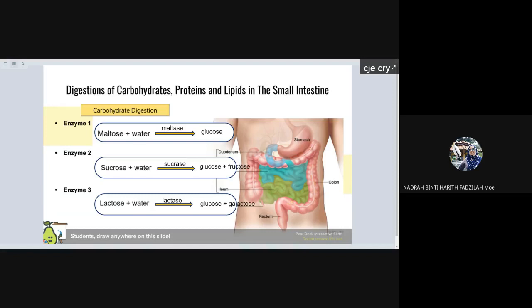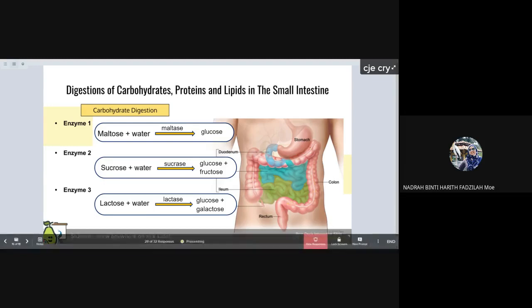That is why maltose reacts with maltase to form glucose, sucrose is digested by sucrase to form glucose and fructose, and finally lactose will be digested by lactase to form glucose and galactose.